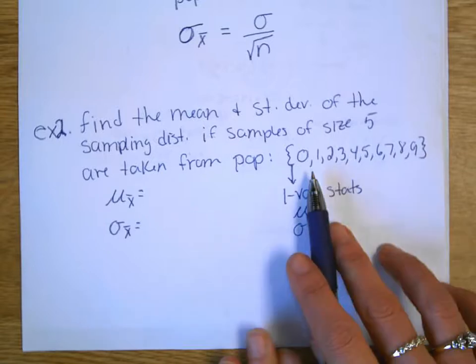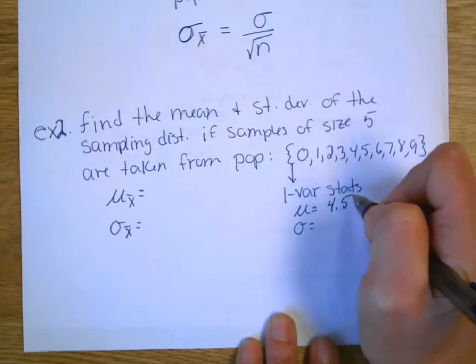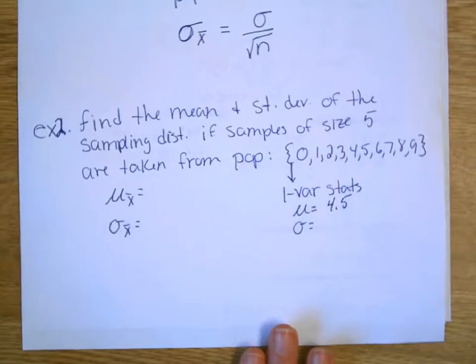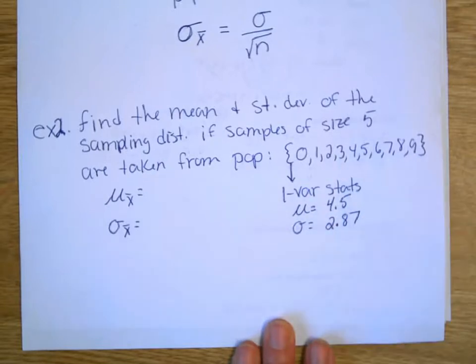So, the mean of the numbers 0 through 9 is 4.5. Now make sure you take the right standard deviation. Which one should we be taking? The bottom one, the 2.87. When do we take the S? When it's a sample. But this was a population.